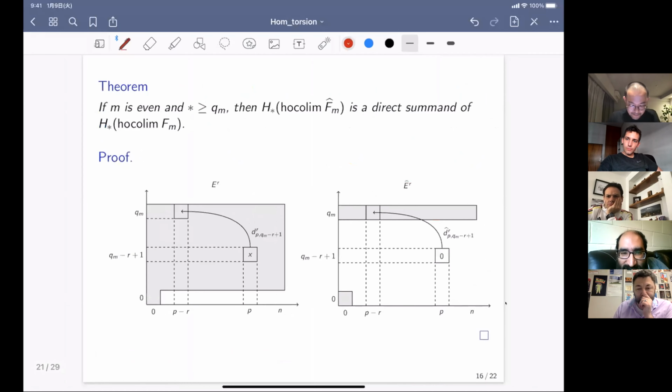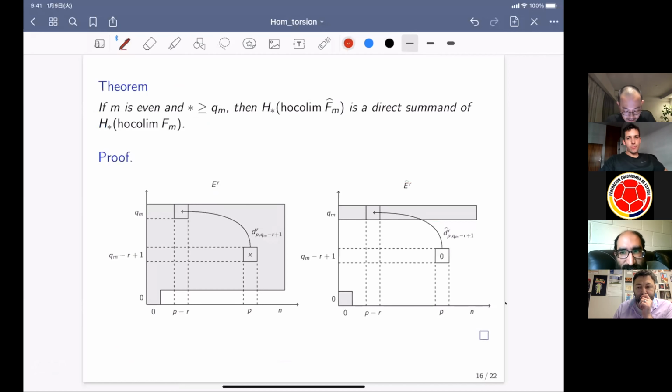All right, so now we can get this theorem. If m is even and the star is greater than or equal to Q_m, then H_star of hocolim F_m hat is a direct summand of H_star of hocolim F_m.